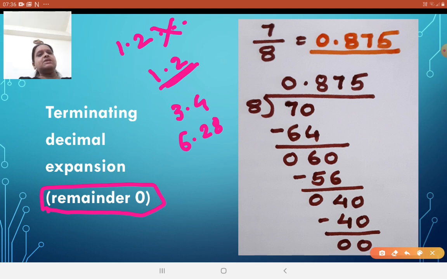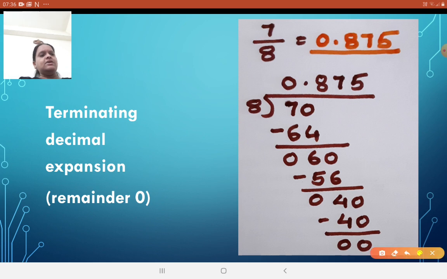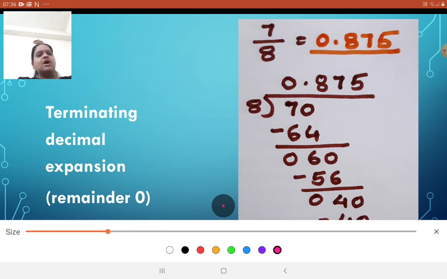But if the numbers are given as whole numbers, integers or natural numbers, are these terminating decimal expansions? What do you think? Yes, these numbers are terminating. For example, take the number 5. Is 5 a terminating decimal? Yes, it is terminating. The number 5 is 5 upon 1, and if you divide 5 by 1, you will get the remainder 0.